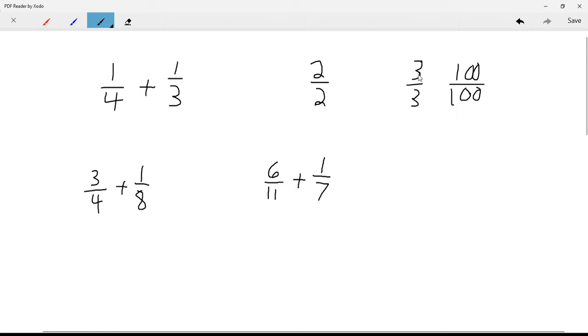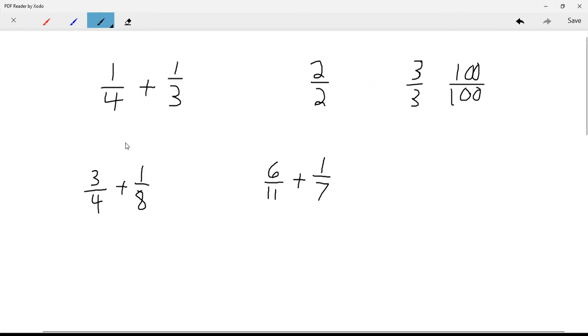You have a whole split into three parts, right? That's what the denominator says, and you have all three. You have a whole split into 100 parts, and you have all 100. So these are all equal to 1. And what happens if you multiply something by 1? It stays the same, right? The value stays the same.